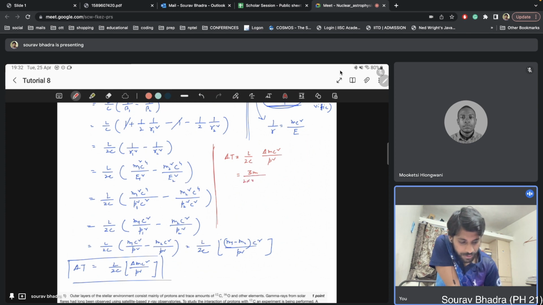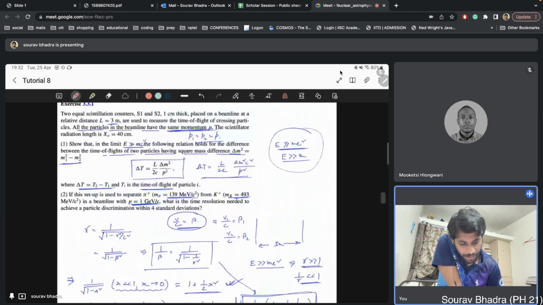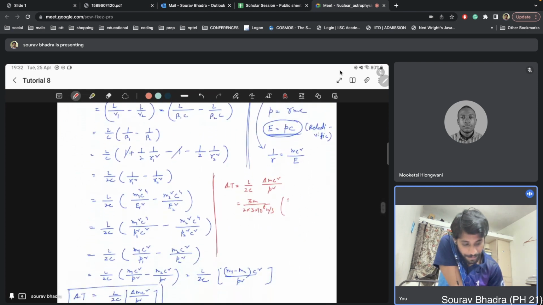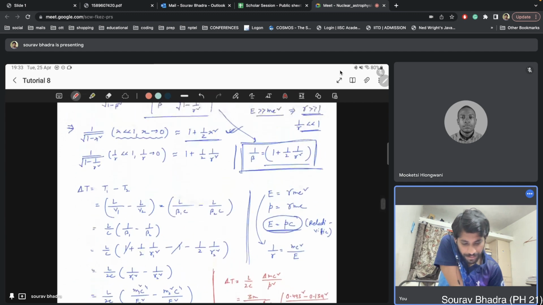It is 2 into 3 into 10 to the power 8 meter per second. Okay, and you can see the m1 and m2 values were given, 493 MeV by c square, 139 MeV by c square. So if I convert that, 493 MeV will be 0.493 GeV minus 0.139 GeV. Why have I converted into GeV?